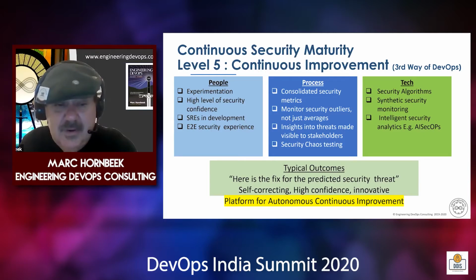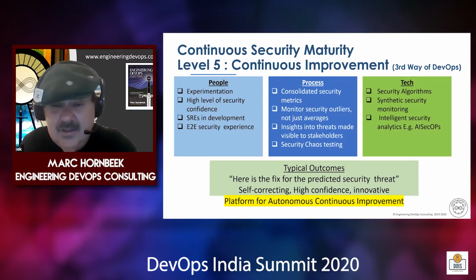End-to-end security experience is relevant and prevalent in the organization. Processes are consolidated with security metrics. There's a lot of monitoring, not just data, but even the outliers, and not just the averages. So you're looking for more sophisticated security possible concerns.